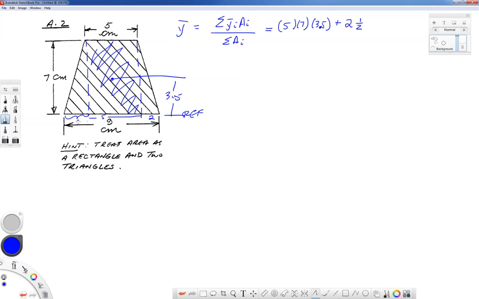I have 2 on this side and 2 on this side. So 1/2 the base times the height. And the y-bar location from the reference line for one of the triangles is going to be 1/3 from the large end of the triangle. The y-bar location is going to be 7 divided by 3. Again, this number 2 takes care of both of those triangles. And on the bottom, I'm going to have the total area, 5 by 7, and 2, 1/2 the base times the height terms. All right, let's see what I get for my y-bar in this case.